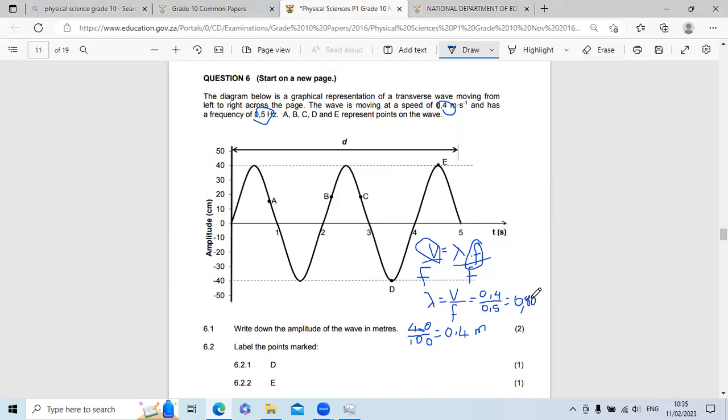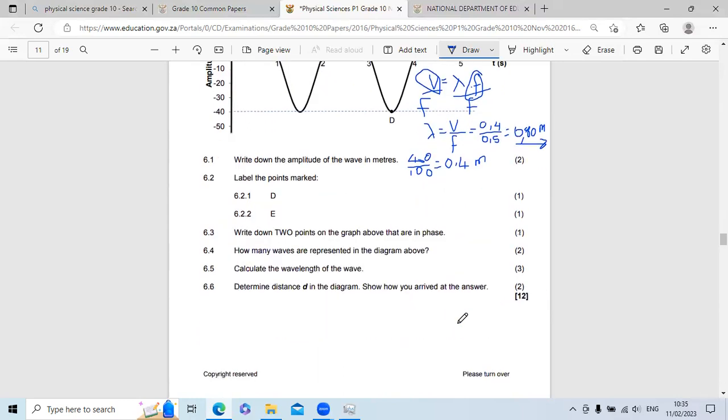And what's the unit for wavelength? Is it meters? Exactly, it's meters. So that's gonna be our wavelength, 0.80 meters. And now we're gonna go to our final question where they want you to determine the distance.